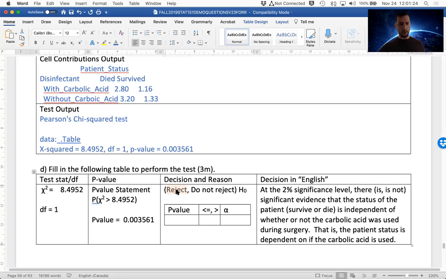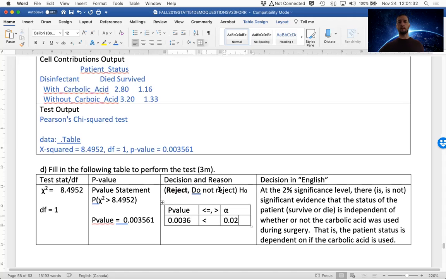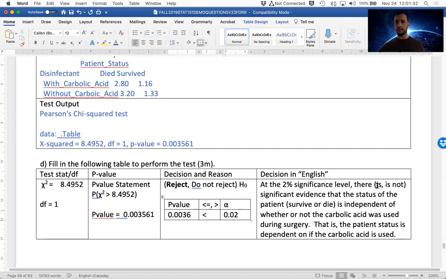Okay, so we reject since our p-value is less than alpha, which is 0.02 in this case. So then we can say at the 2% significance level, there is significant evidence that the status of the patient is independent of whether or not the carbolic acid is used. That is, patient status is dependent on the use of carbolic acid.